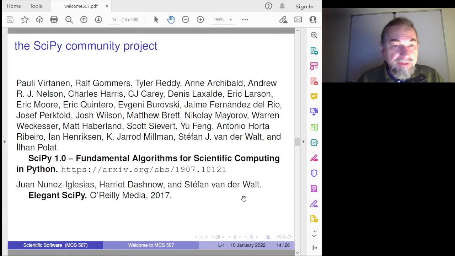So I mentioned already the reference Elegant SciPy. I mentioned here below. So there is the description in this textbook that gives kind of a sampling of many of the capabilities of this ecosystem.